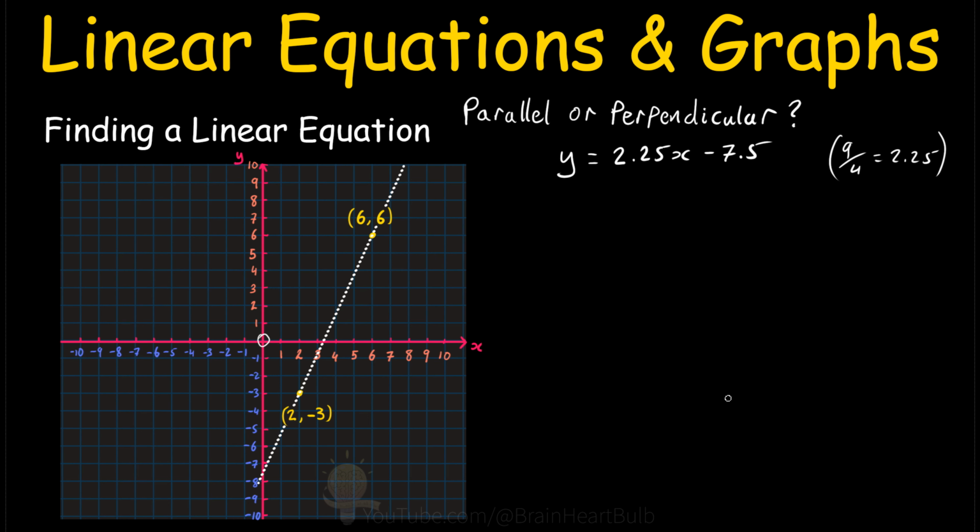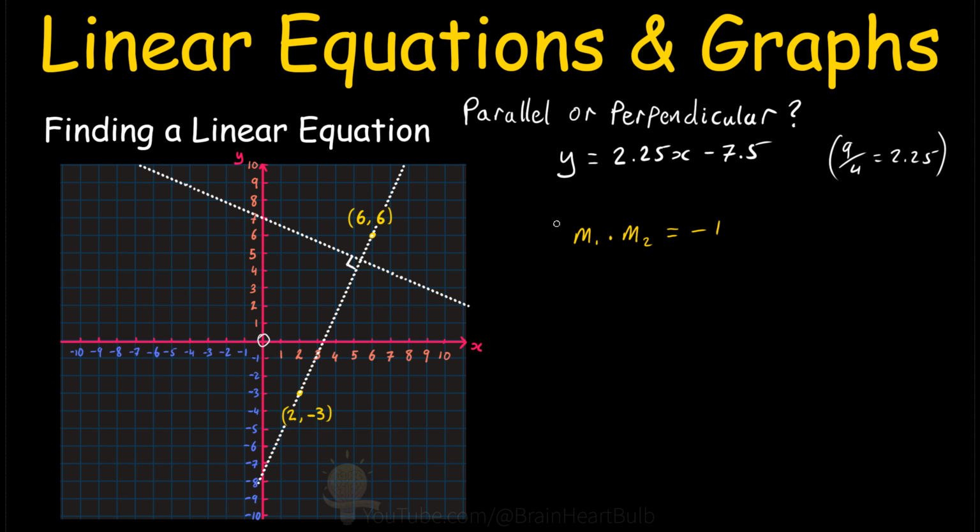Now, lines that are perpendicular to our linear equation here will intercept this line at a 90-degree angle. And this means that the slope of this line here is the negative reciprocal of this slope. So when these two linear equations are perpendicular to one another, the product of both their gradients, m1 multiplied by m2, will equal -1.